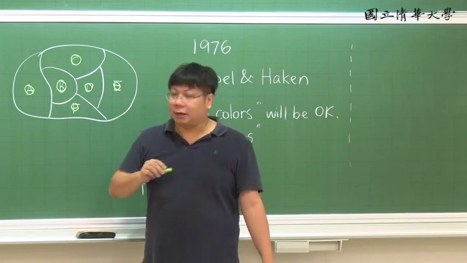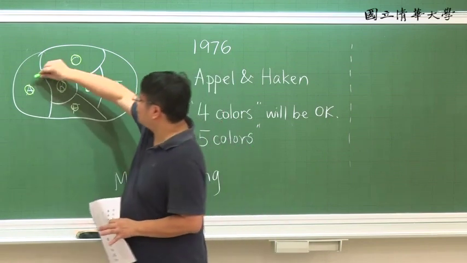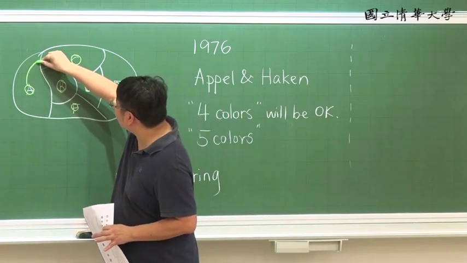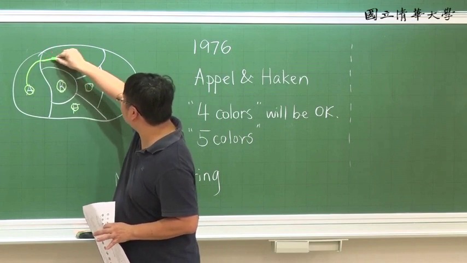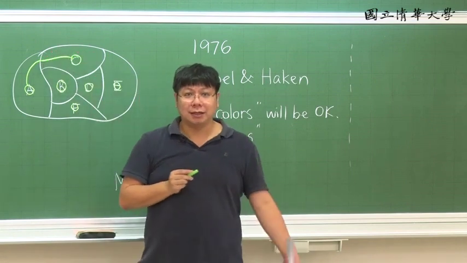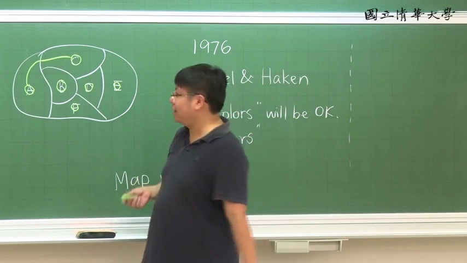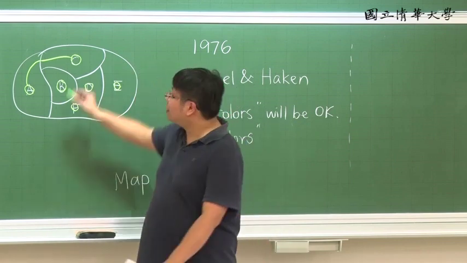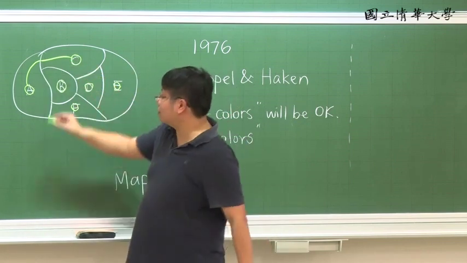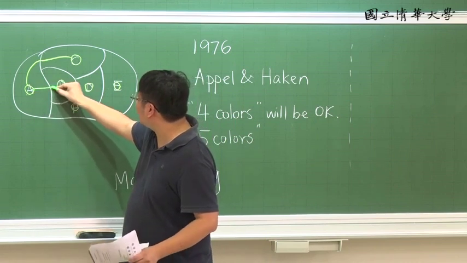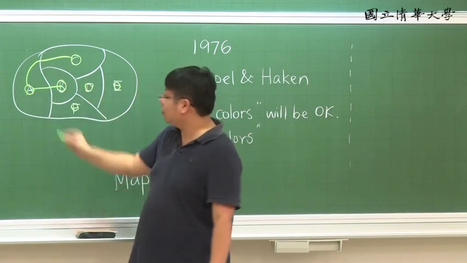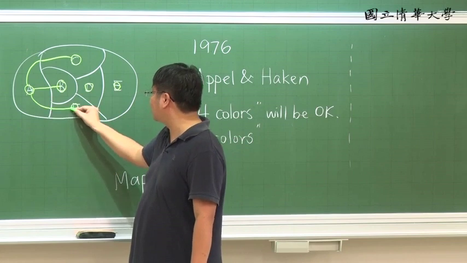Is that okay? Believe that there is always a way that this route does not cross. So you can draw from this one to this one and then go to this one.